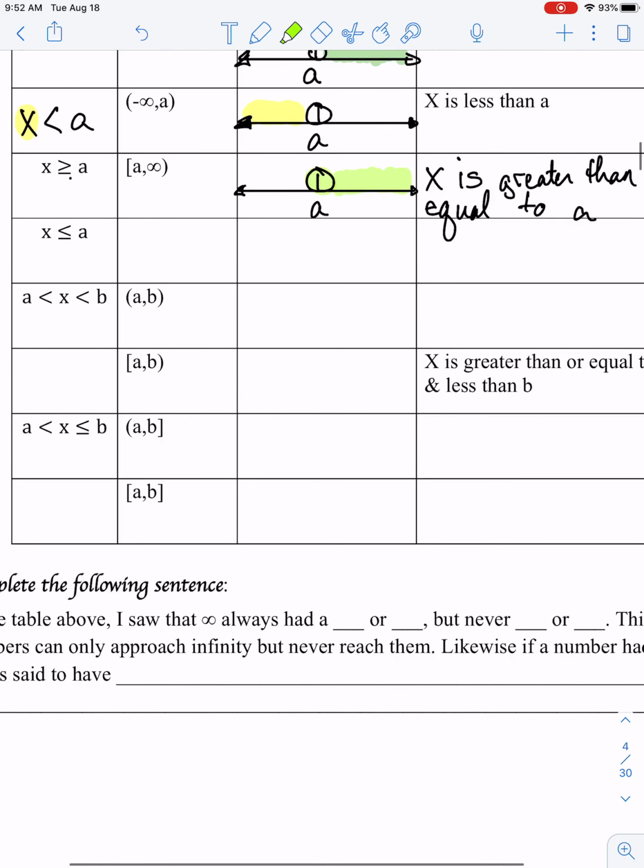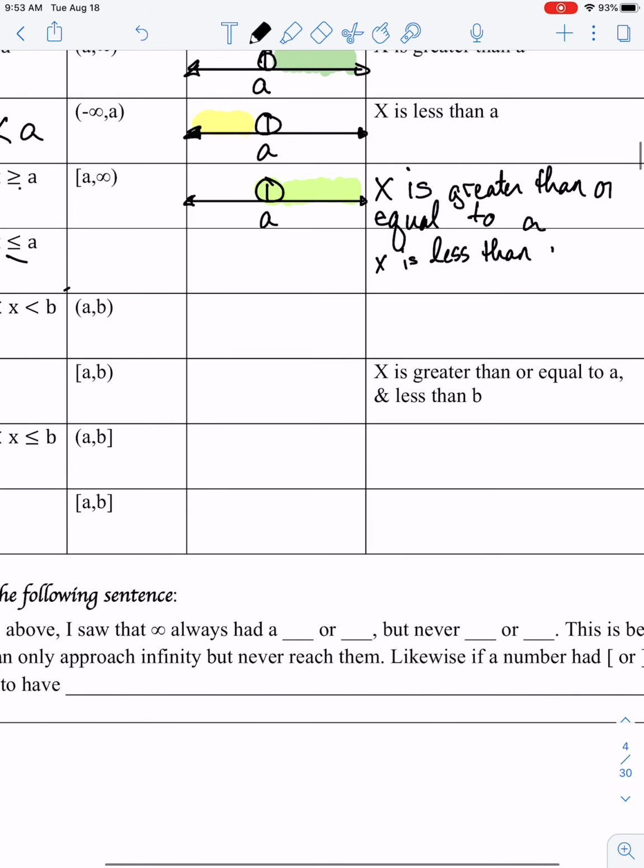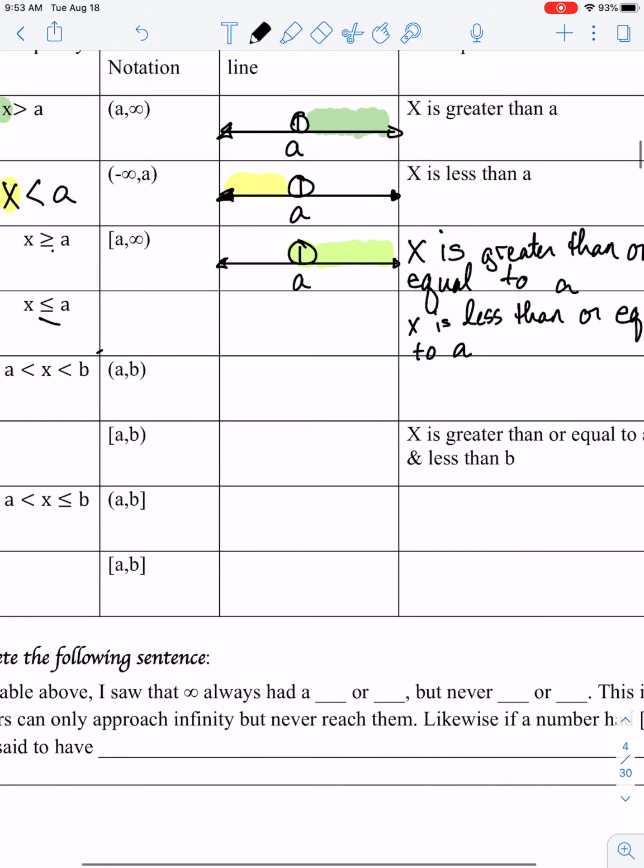This next one, x less than, I have my equals to sign, and again we're talking about x in relationship to a.